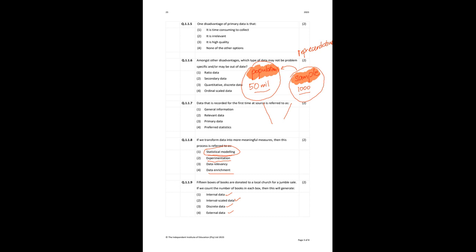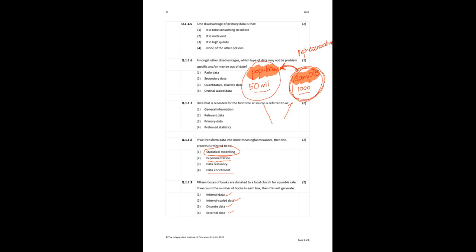Now, when we carry out our research on the 1,000 people and whatever information we gather, inferential statistics is where we generalize and say that whatever is true for the sample is true for the entire population. So we generalize and say that what is true for the sample is more or less true for the entire population because the sample is drawn from the population.